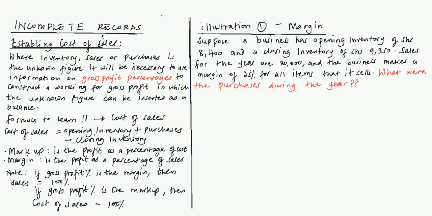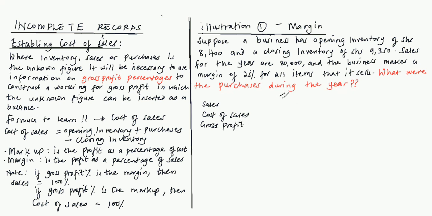Remember, in this question, we have used margin, and margin is the profit as a percentage of sales. I can summarize this. We have sales, cost of sales, as well as our gross profit.